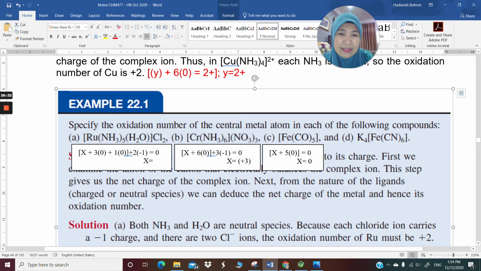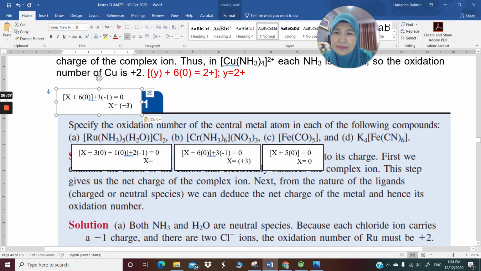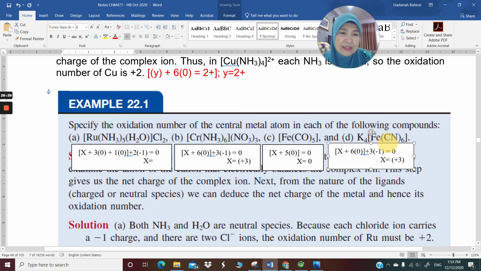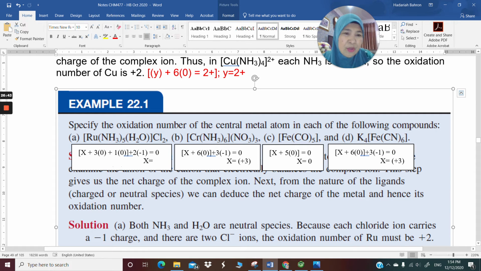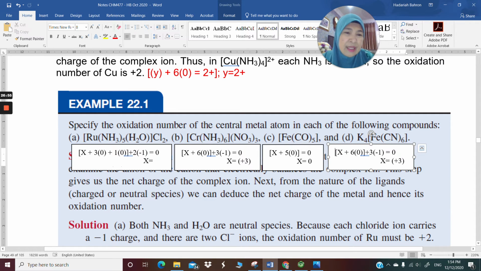And the last example is D, which is, what do you have for D? You have 4 potassium outside, 1 iron and 6 cyanide inside the complex ion square bracket. So you have to calculate what is the oxidation number of iron there.